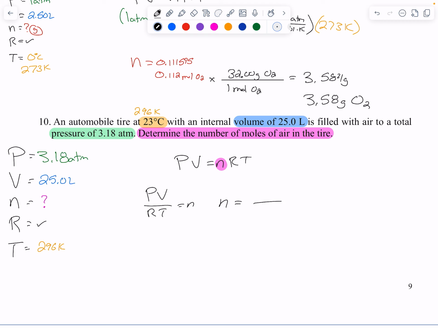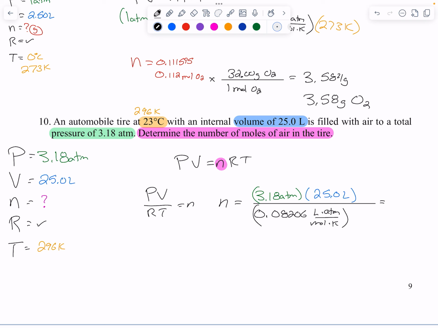So n would be P, 3.18 atmospheres. V, 25.0 liters. R, 0.08206 liter atmospheres per mole Kelvin, and temperature is 296 Kelvin.